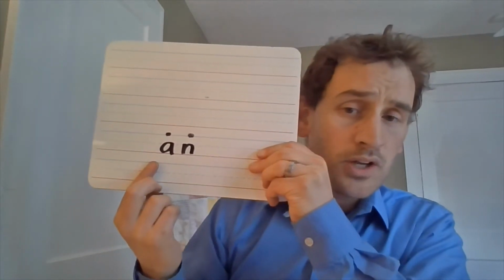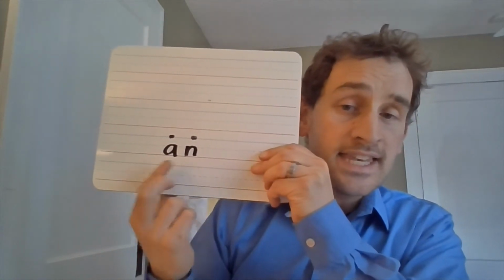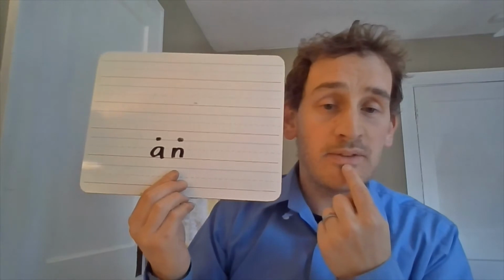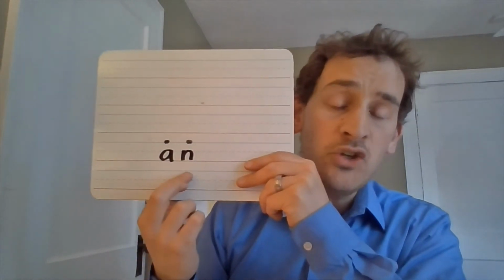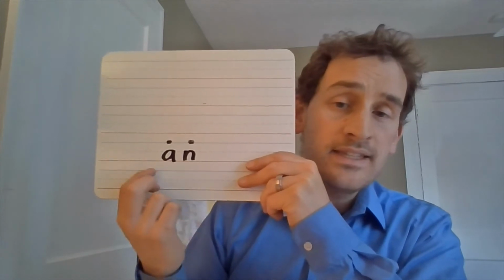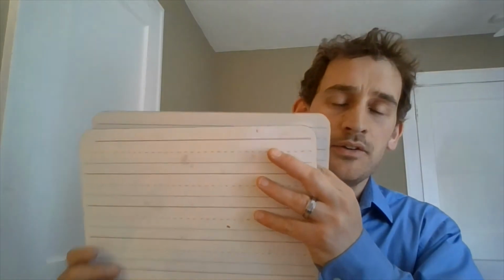Well, I'm going to erase this word because we're no longer working on this sound. Instead, we're going to work on the sound 'an'. Make a sound with your mouth. An. You try. An.